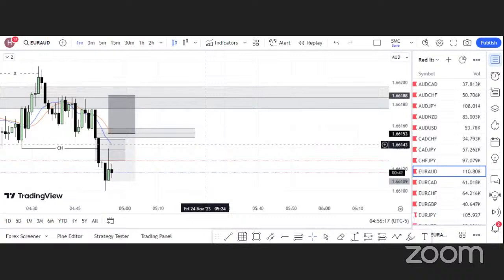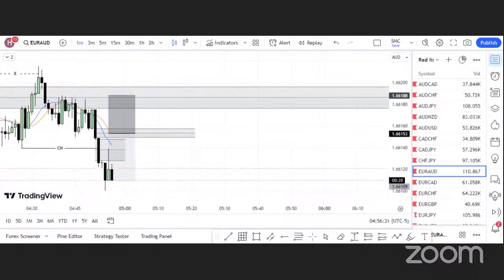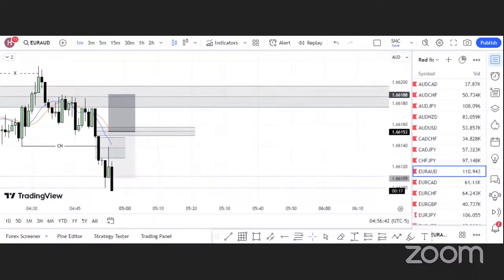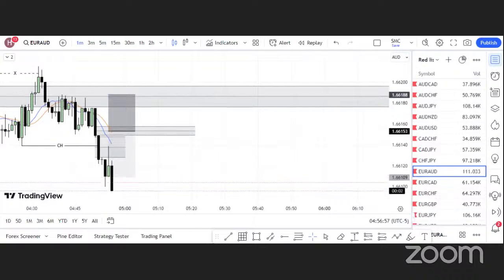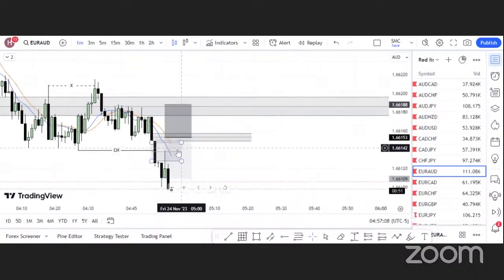So once we get the rejection, we are going to be selling immediately. Okay, so the market respected this area.